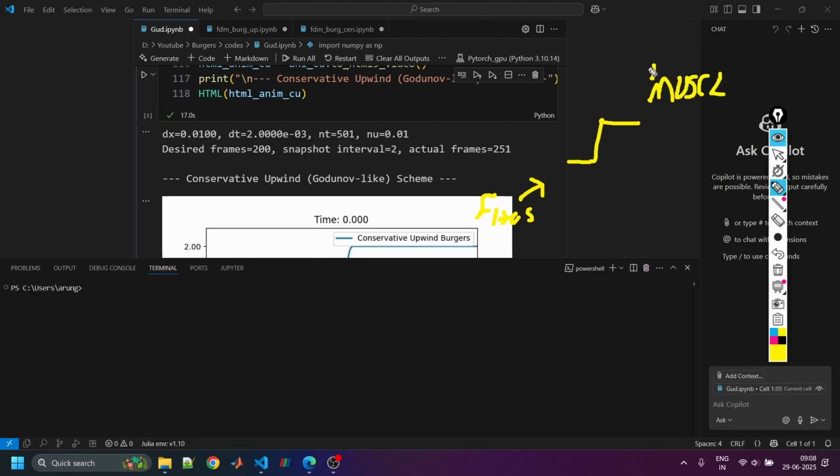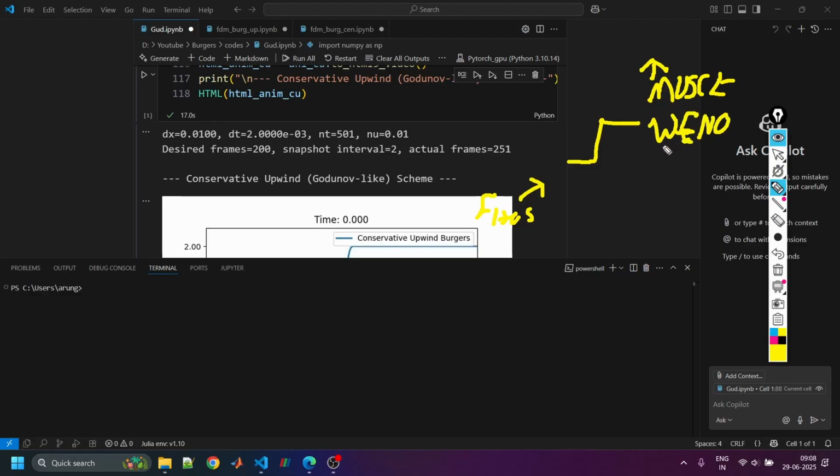This MUSCL is slightly different from the MUSCL we learn in low speed flows. Here we use limiters, which I call MUSCL. We have limiters like minmod, superbee, those kinds of things. Another way to achieve a higher order scheme is WENO, weighted essentially non-oscillatory schemes.